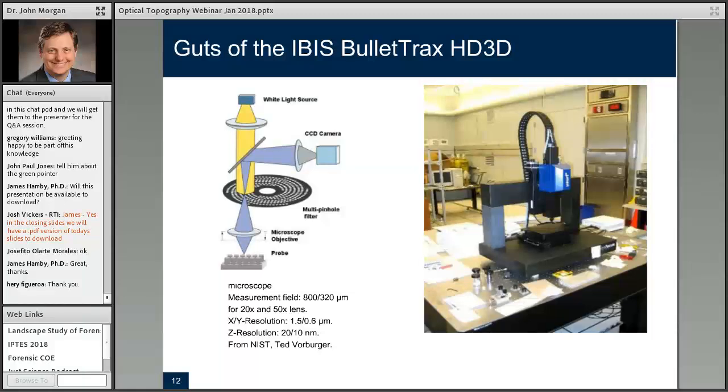Now, there are artifacts associated with comparison microscopy as well. We just don't think about that because the experienced examiner learns how to look at surfaces in the comparison microscope. And the human brain, as I mentioned earlier, is an extraordinary image processor.